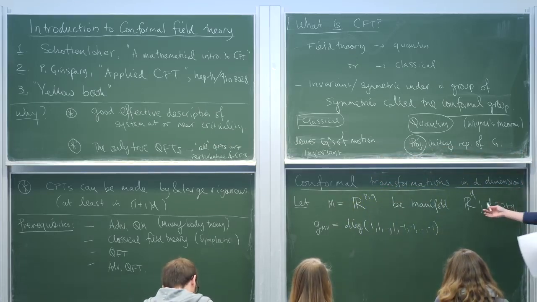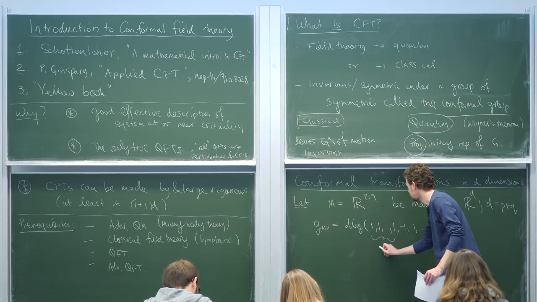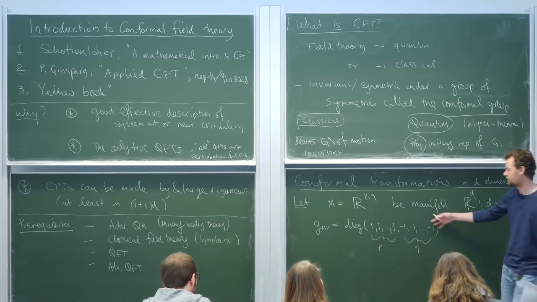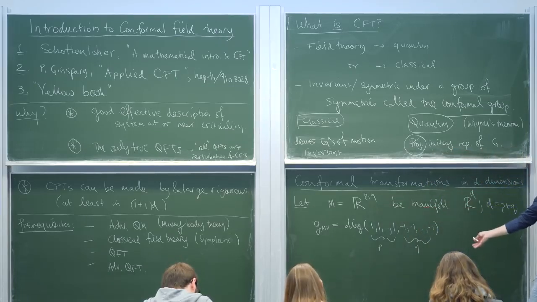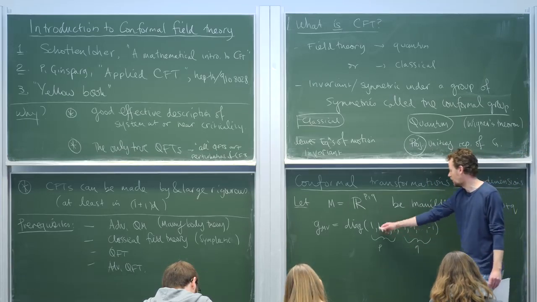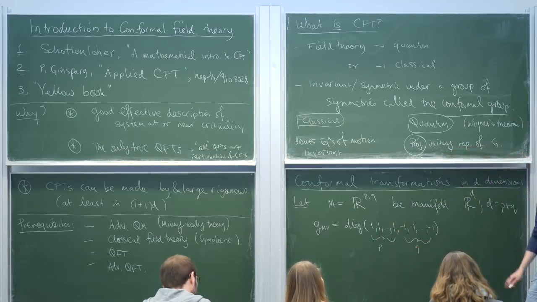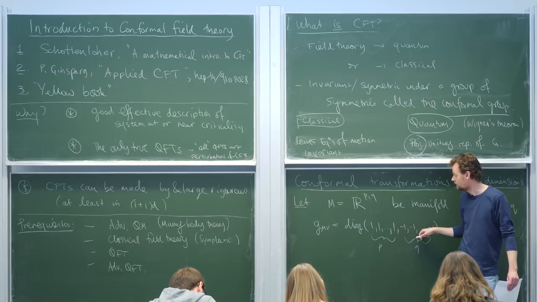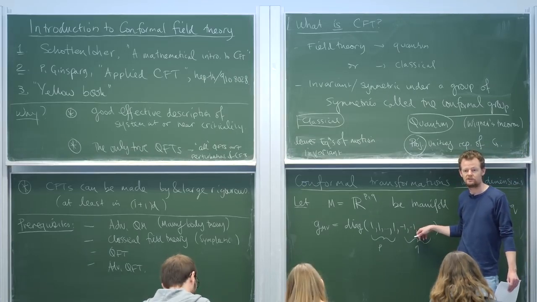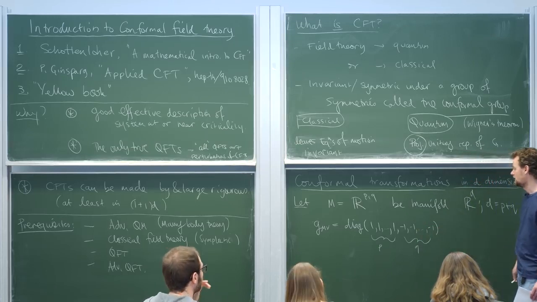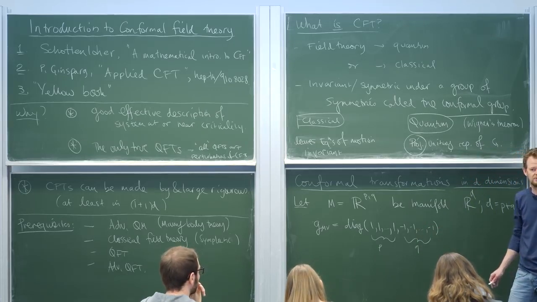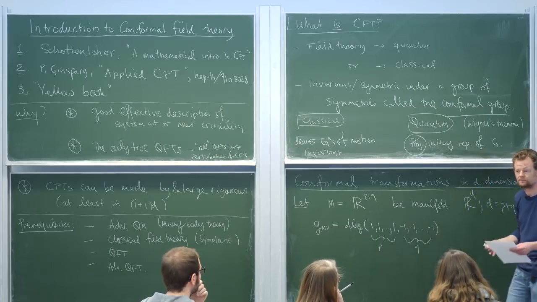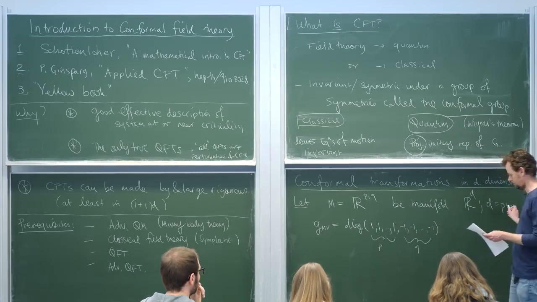Our metric is going to look like all ones for the first P entries and all minus ones for the last Q entries. So this class of metrics captures both Riemannian metrics when P is D, Lorentz metrics when P is 1 and Q is D minus 1, and everything else. That's a fairly general class of manifolds. And there's good reasons to think about manifolds where you may have more than one minus 1 here. There's things to do with the so-called AdS/CFT correspondence, for which it's useful to have, say, two minus signs sometimes. Okay, D is P plus Q.